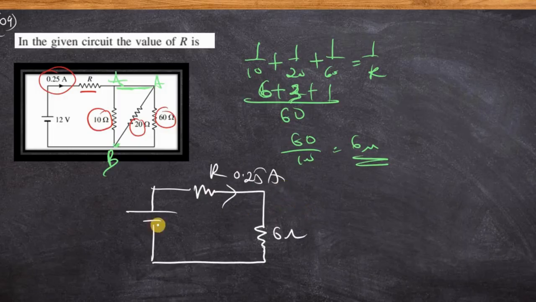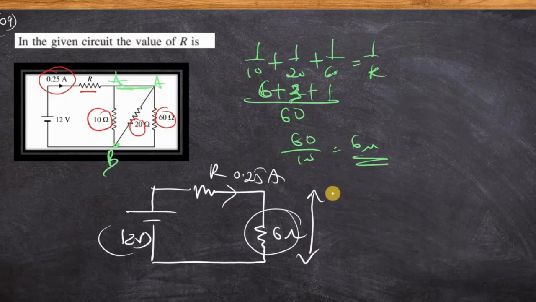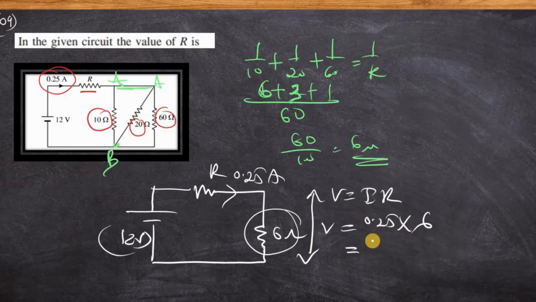So once this 0.25 amperes goes through the 6 ohms, we can find the potential difference across 6 ohms. Let's apply V equals IR. So V is 0.25 into 6, it's 1.5 volts. So potential difference across 6 ohms is 1.5 volts.